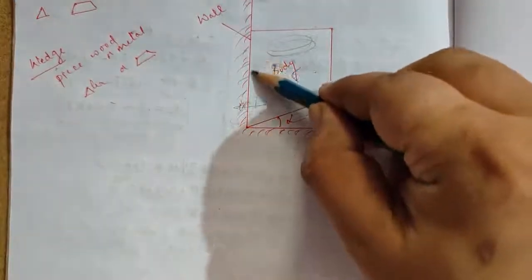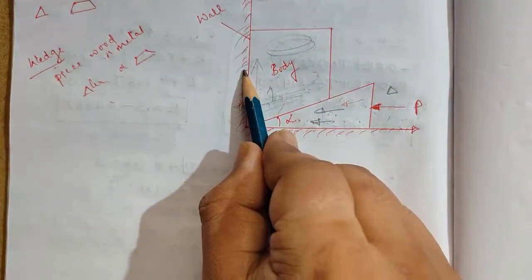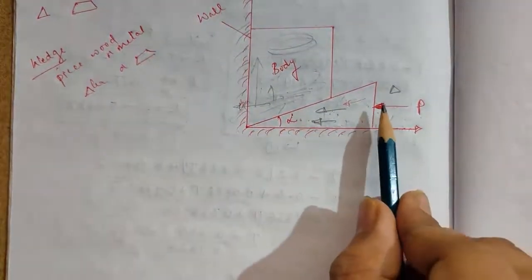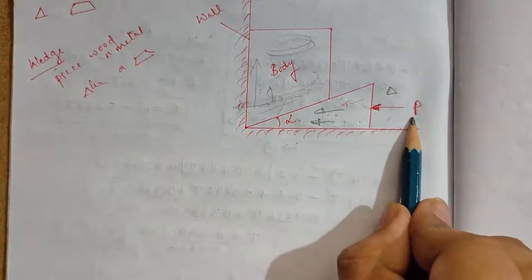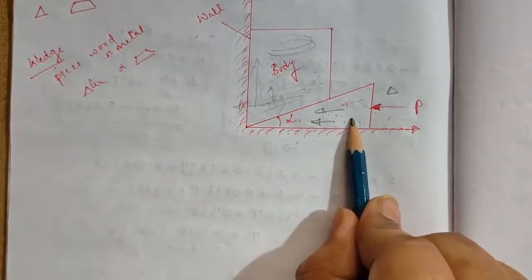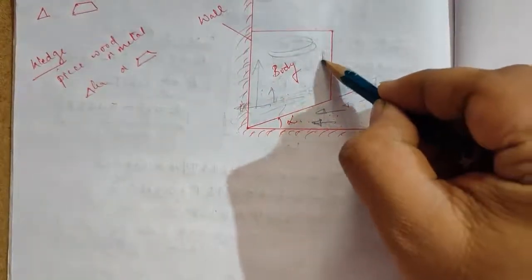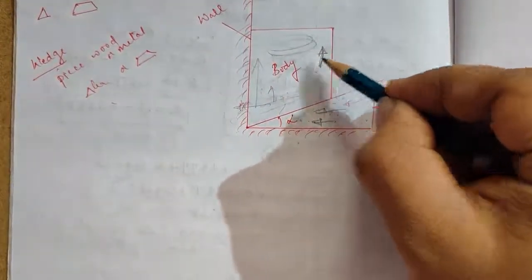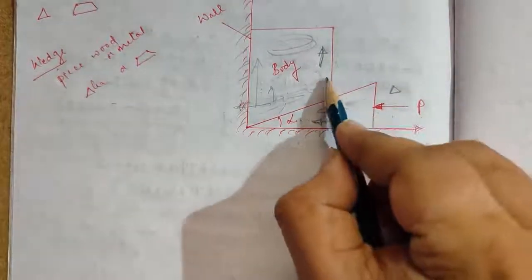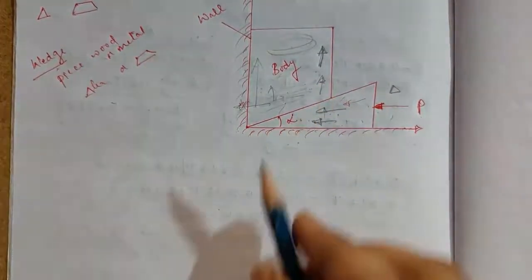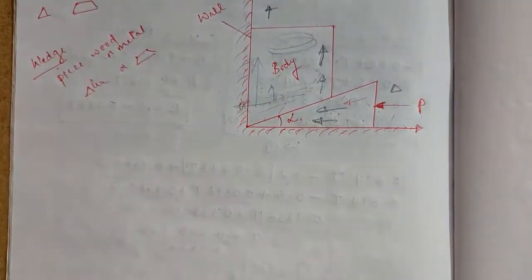So the only possible way is that the body should go up, as it has a wall here, right? Now whenever the force P is applied on this wedge in this direction, this body will go up. This body motion will be towards the y-axis, right?